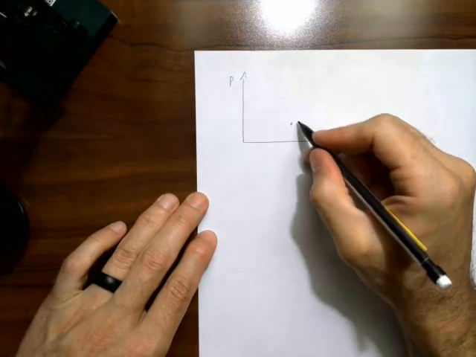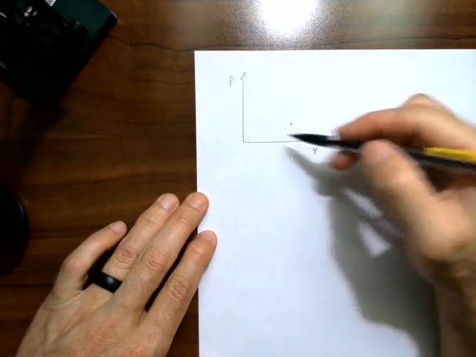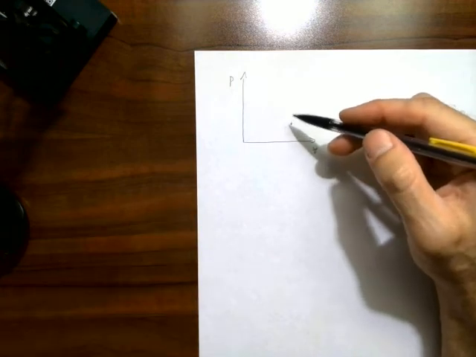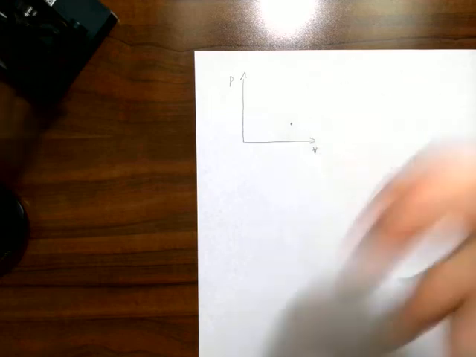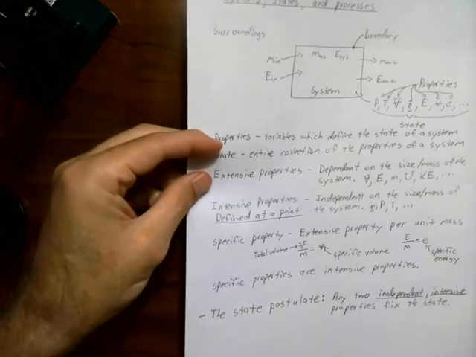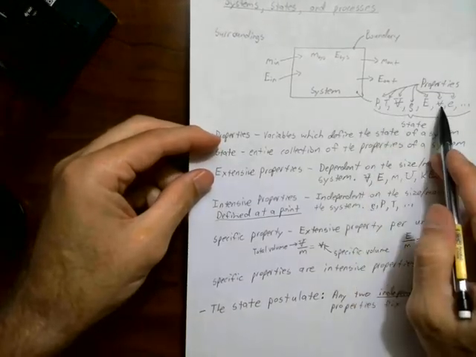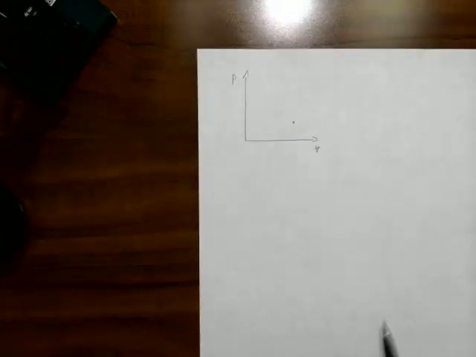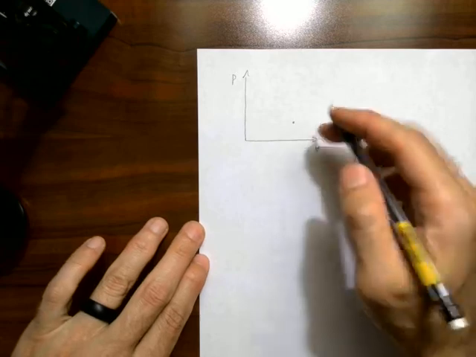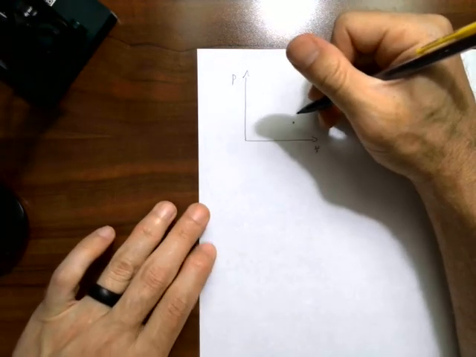This point specifies the pressure and specific volume, but because of the state postulate, I also know all of these other quantities. Associated with this point is the entire state of the system.